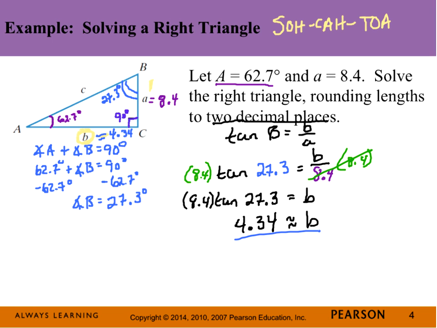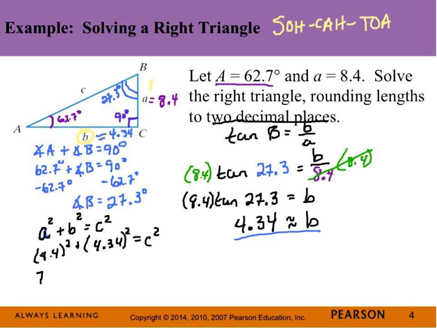So the Pythagorean theorem states that, let me get my black pen here, a squared plus b squared is c squared. And a squared in this case is 8.4 squared plus 4.34 squared equals c squared.